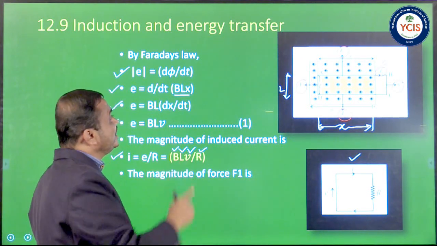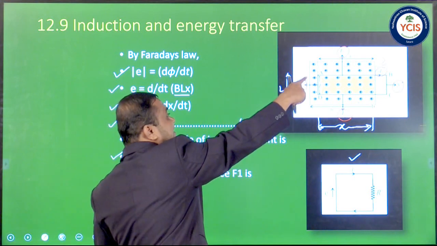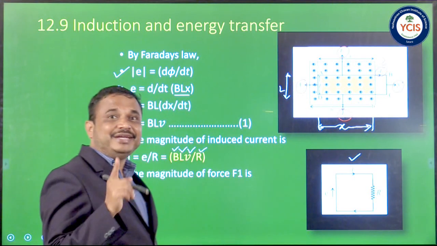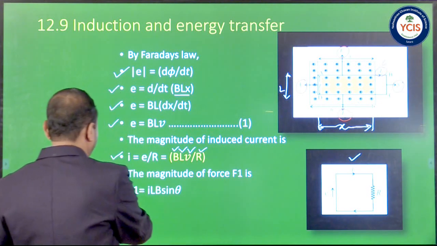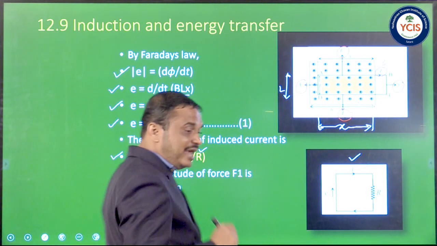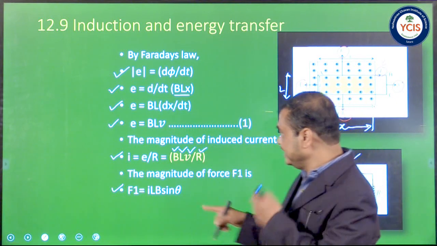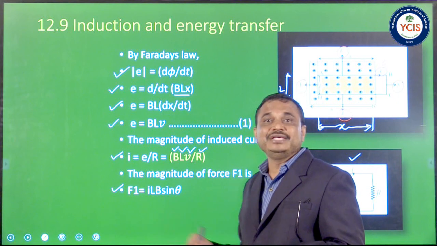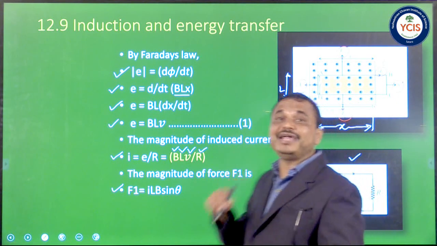Here I is the induced current, L is the length of that conductor AD, B is the induction of the magnetic field, and theta is the angle between L bar and B bar.